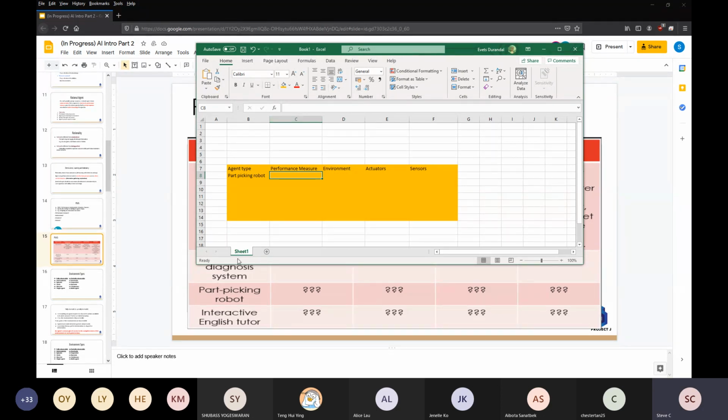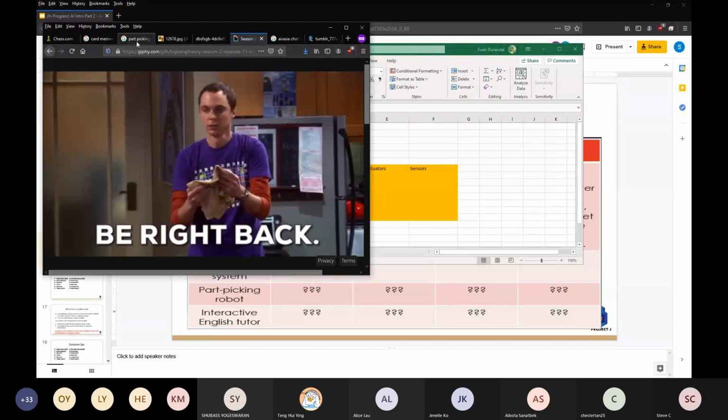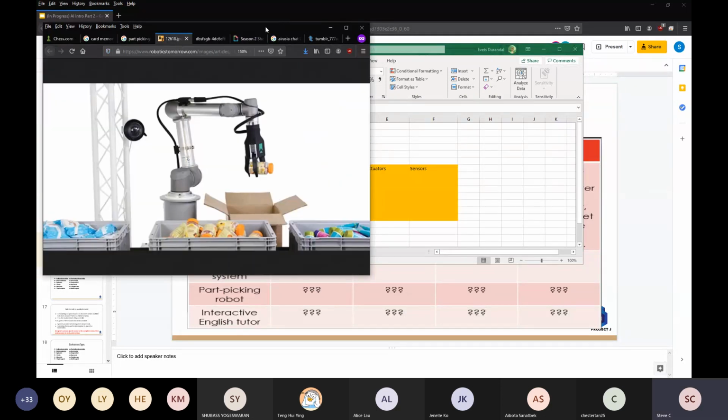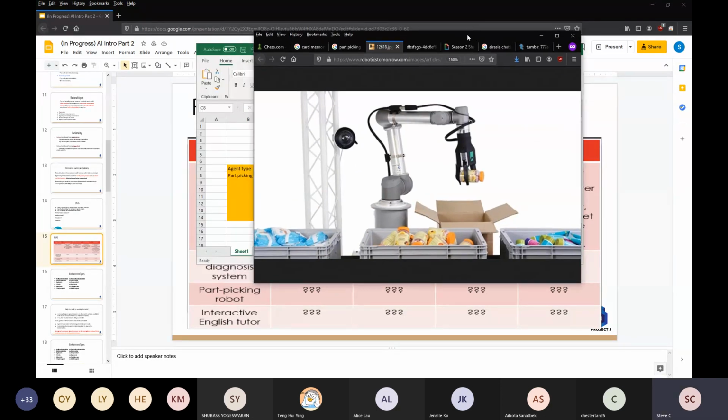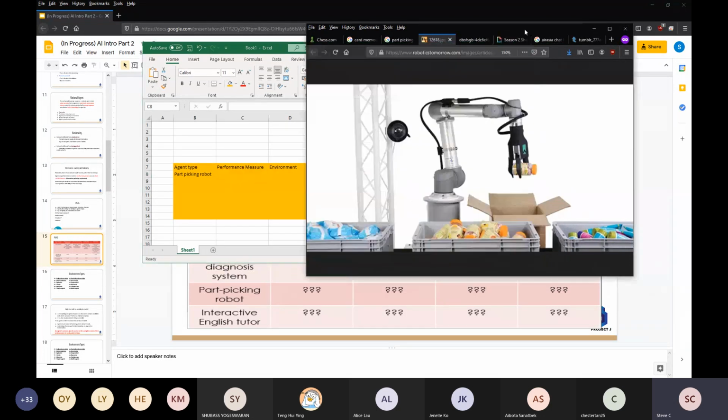So if you don't know what a part picking robot is, it's this thing. You might see it in commercials for factories, right? So let's first analyze this particular robot.